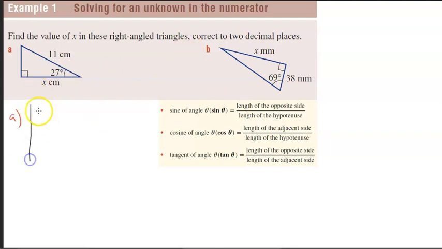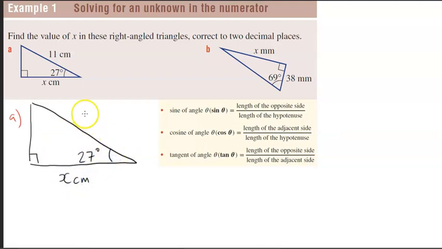So we'll always recreate the triangle to the best of your ability. I'm doing this on tablet, so be patient. 27 degrees and 11 centimeters. So the first thing is I recreate this triangle.